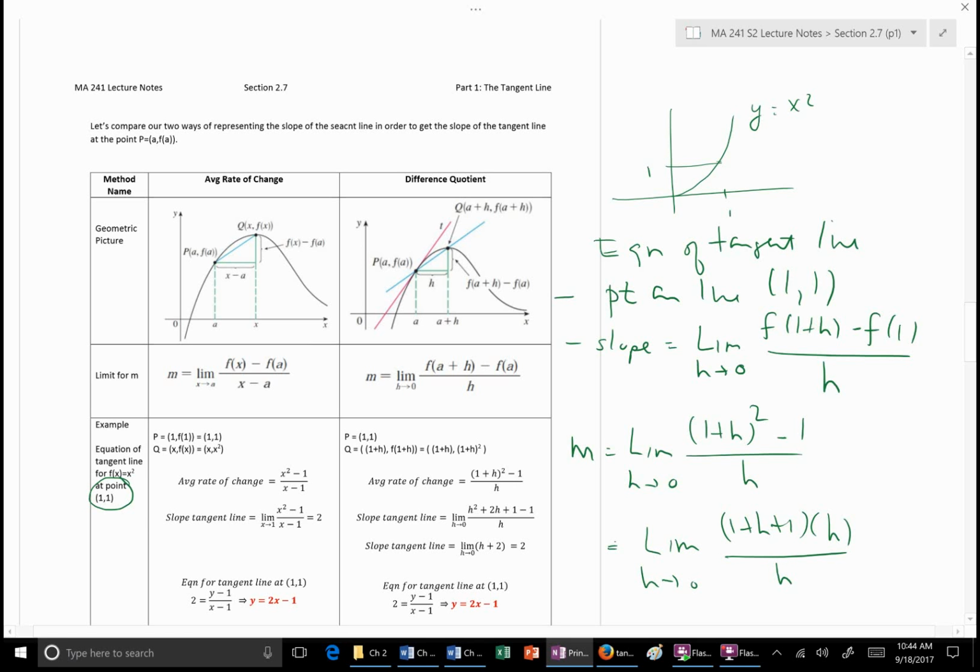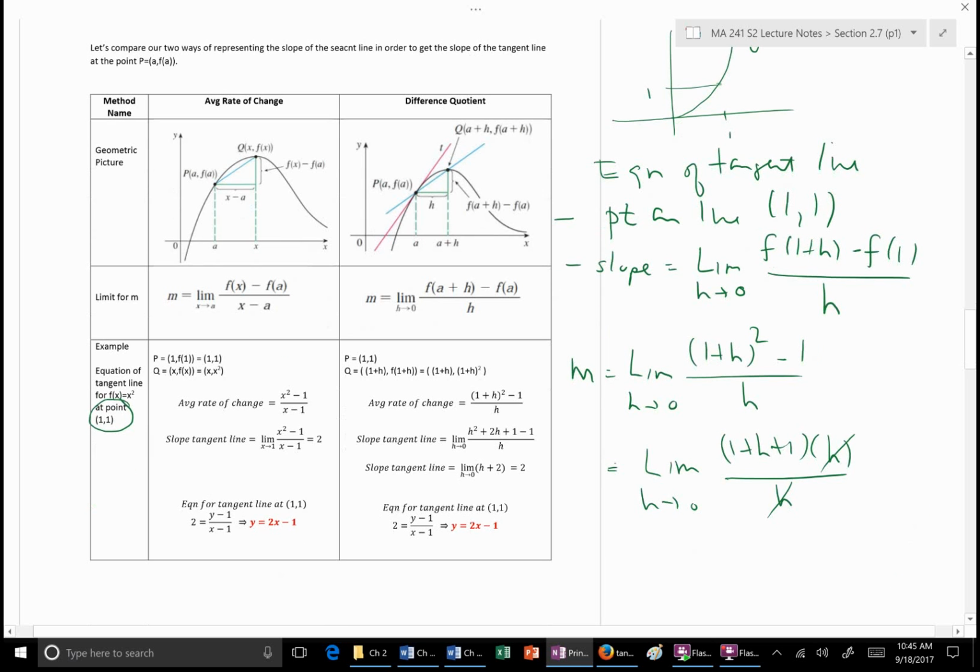So this is (1 plus h) squared minus 1 squared. No matter how you do it, what's going to happen? Well, this h is going to cancel, and I'm going to get the limit as h goes to 0 of 2 plus h. And how do I evaluate that? Direct substitution. So this is 2.